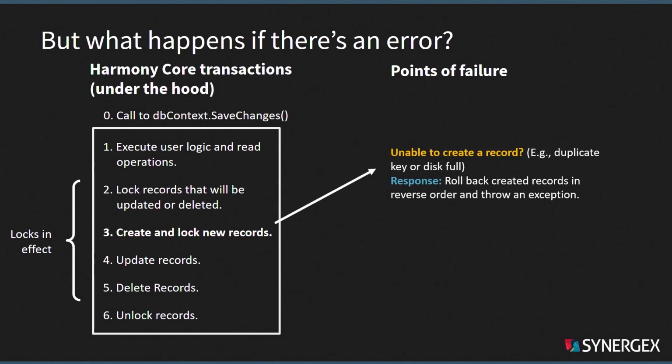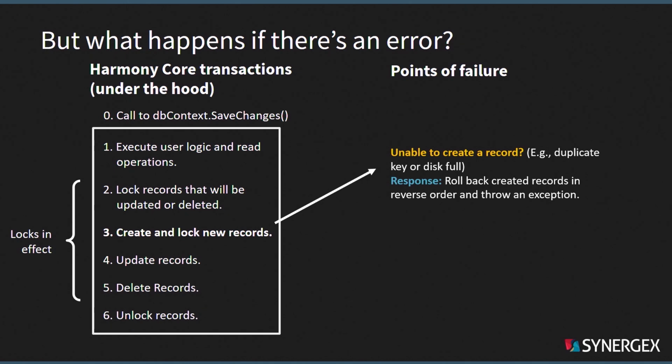Once we move on to the next phase, and we are actually starting to write any new records, we write them and we take a lock as part of the same operation. As the record gets written, it gets written locked. So we already have a manual lock on the records that get created, and no one can sneak in on top of us and change them while we're in the middle of writing these new transactions. We hold that lock.